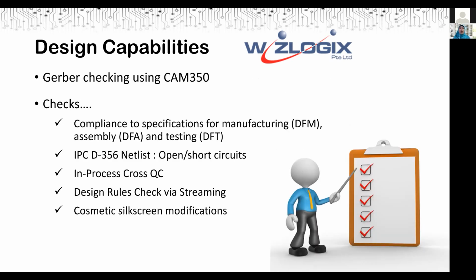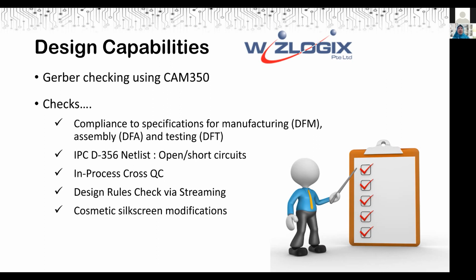Okay, so on top of what I've been talking about, layout design, how do we ensure that your layout design conforms to standards, conforms to manufacturing capabilities, as well as assembly? So we provide Gerber checking using CAM 350, the software that we use in-house. So what do we check during this Gerber checking stage?